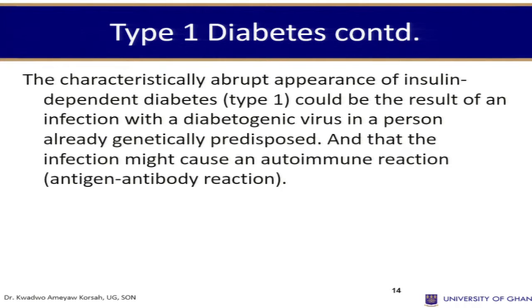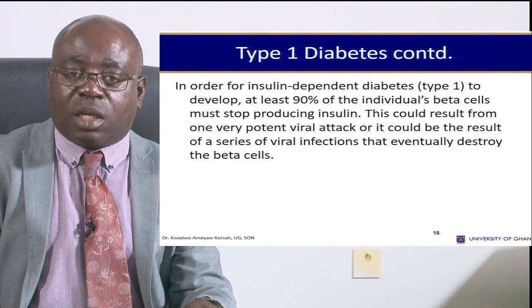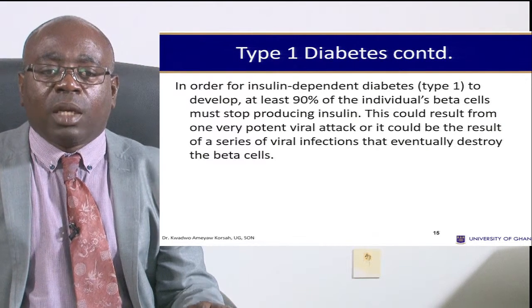So the characteristic appearance of insulin-dependent diabetes could be a result of an infection with a diabetogenic virus in a person already genetically predisposed, and the infection might cause an autoimmune reaction or antigen-antibody reaction in the individual.